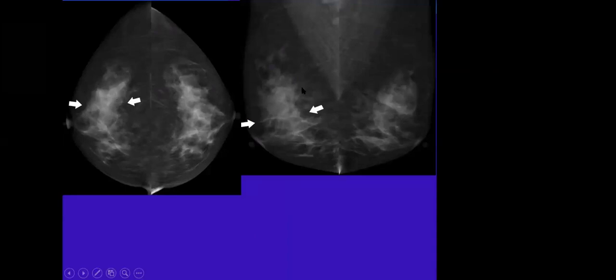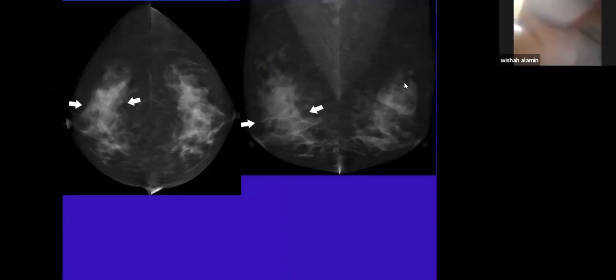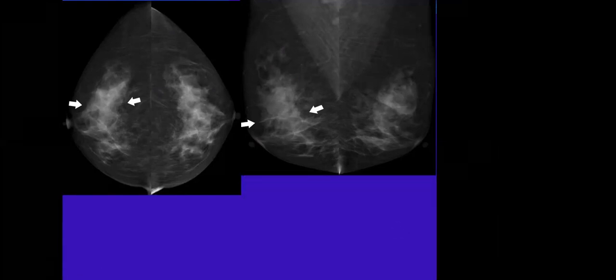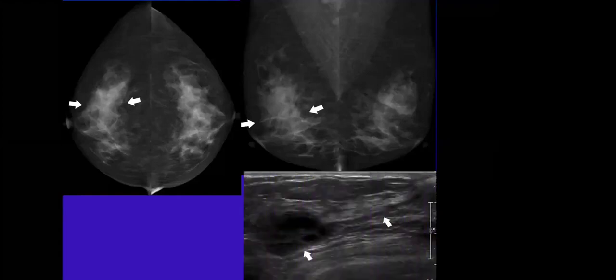There is a focal area of asymmetry. So what is next? Compression. Compression demonstrates the same. Okay, ultrasound. Look for ultrasound.